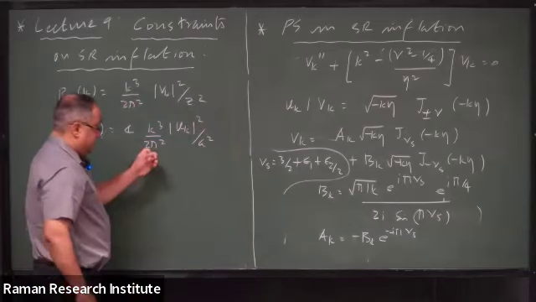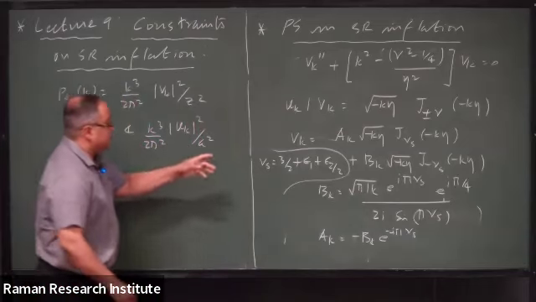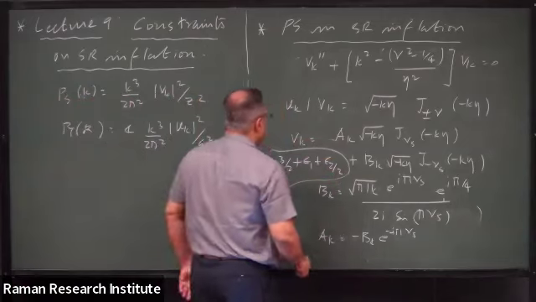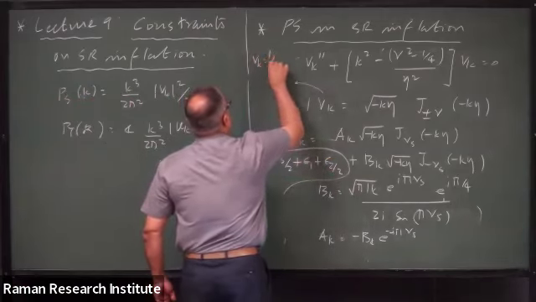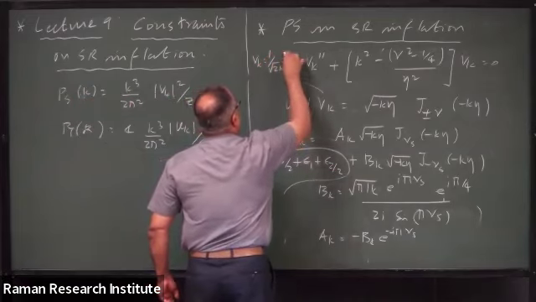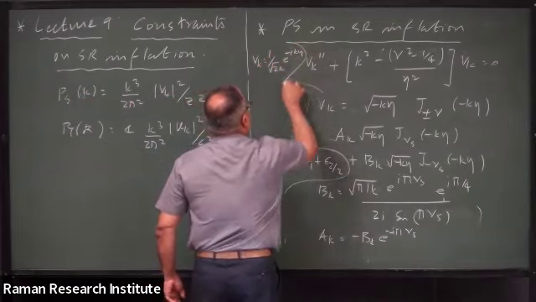And Vk at early times, with these Ak, what do you expect? This Vk will go to 1 over root 2k e power minus i k eta, which corresponds to the Bunch-Davies initial condition.